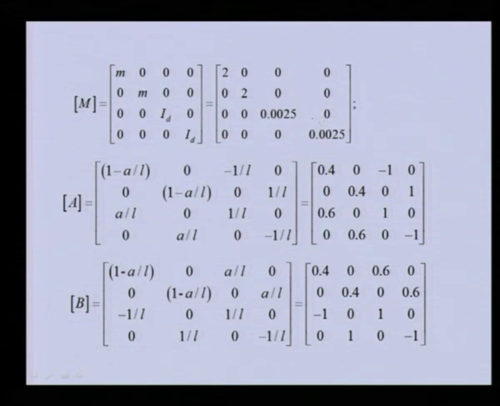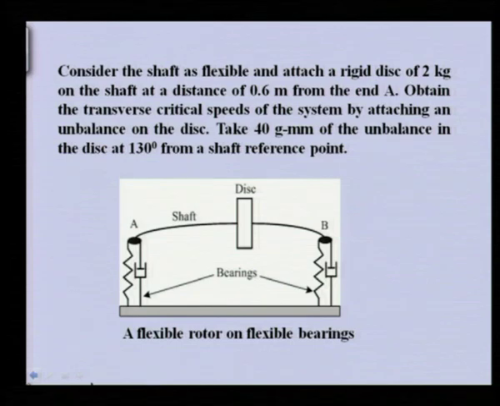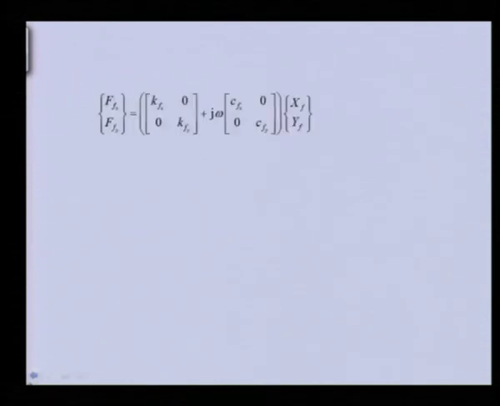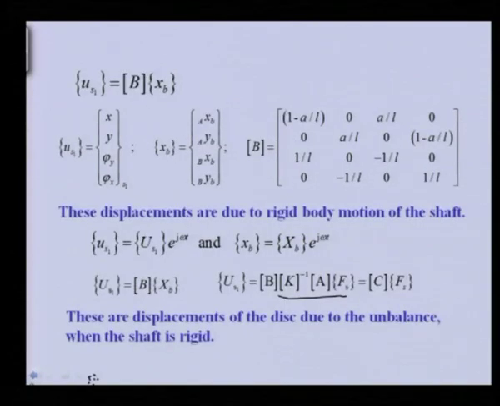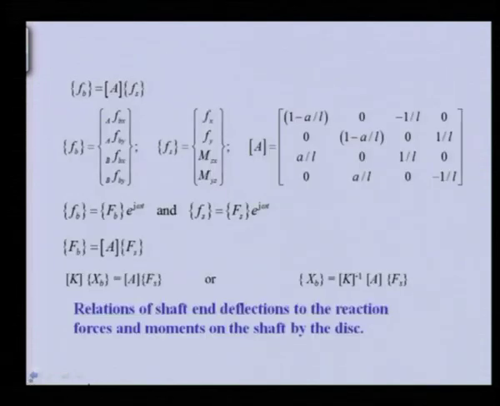Let us go back and see what these matrices are, just for recapitulation, like the A matrix and B matrix which we define in this analysis. The A matrix is where we related the bearing force and shaft reaction force.